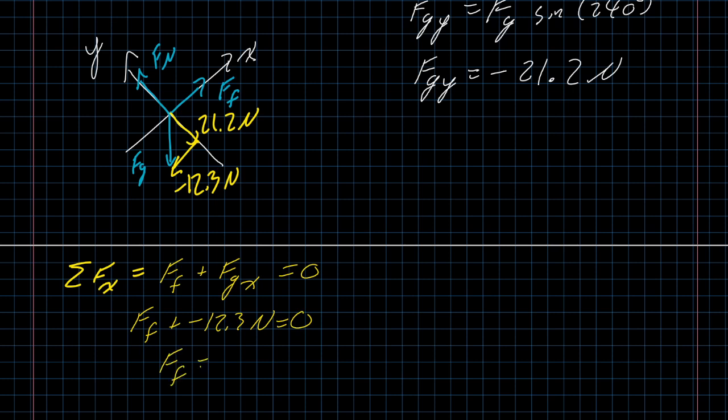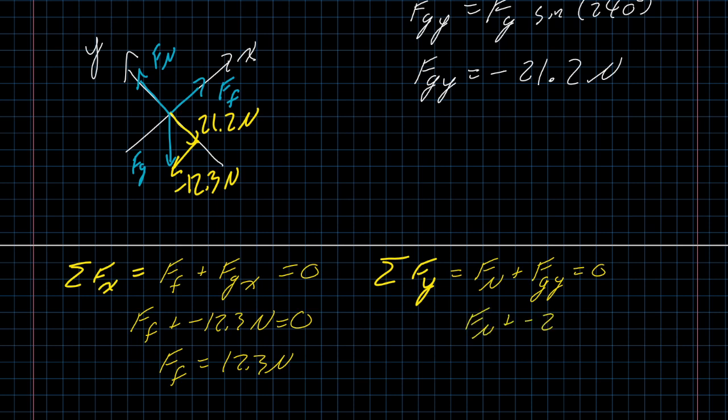Which means that the force of friction must be 12.3 newtons. And likewise, the net force in the y direction, which is the normal force and the y component of the gravitational force, must be 0. Which means that the normal force must be 21.2 newtons.